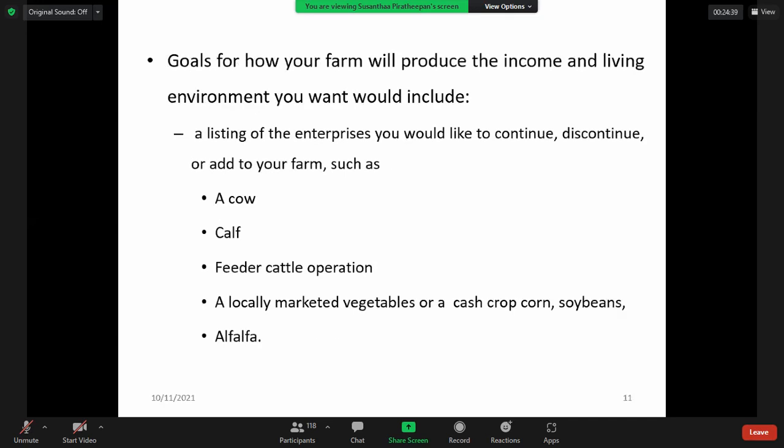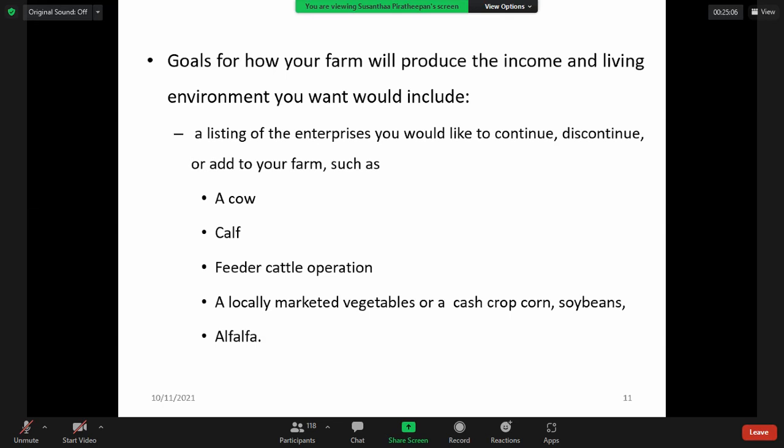And the next one, goals for how your farm will produce the income and living environment you want. Here you will learn how the farm is producing income, and what things you can include in your farm to get more income.